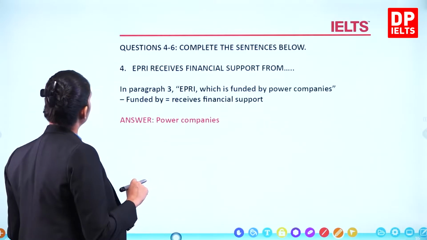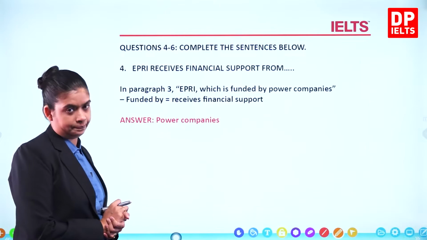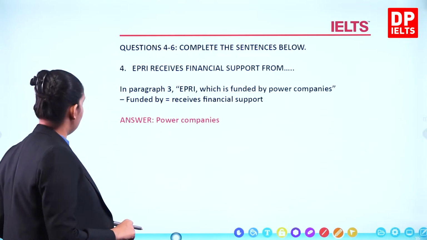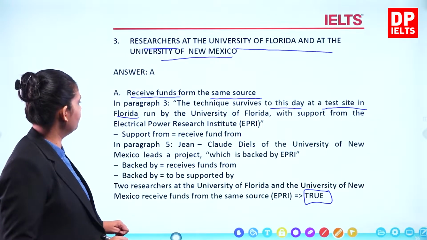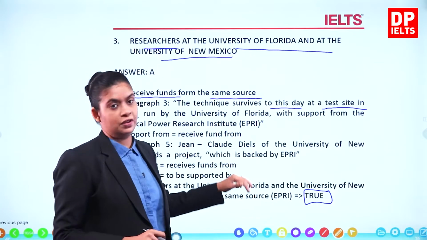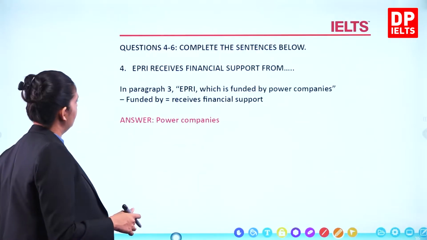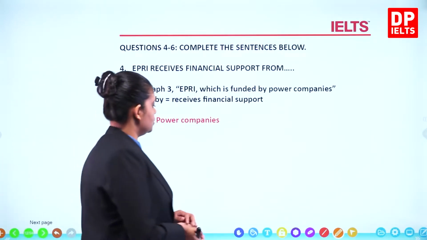Okay, moving on to question 4. Complete the sentences below. EPRI, you know what EPRI is. It was here, right? It's called Electrical Power Research Institute. It's the same abbreviations that continue here, right? EPRI receives financial support from.